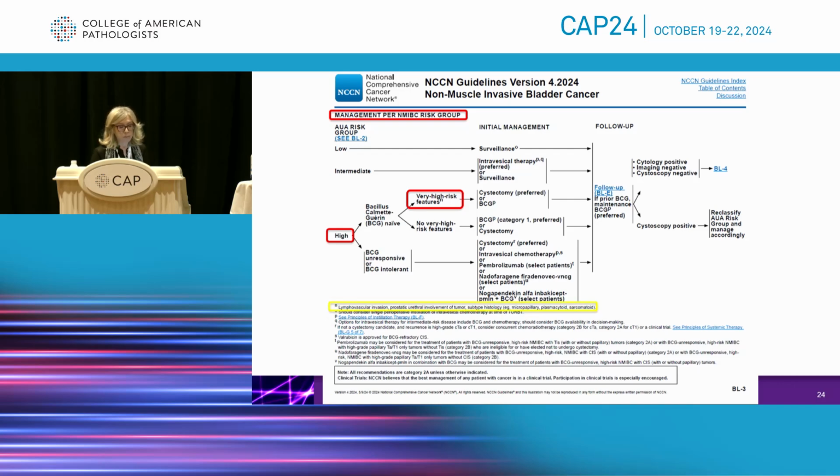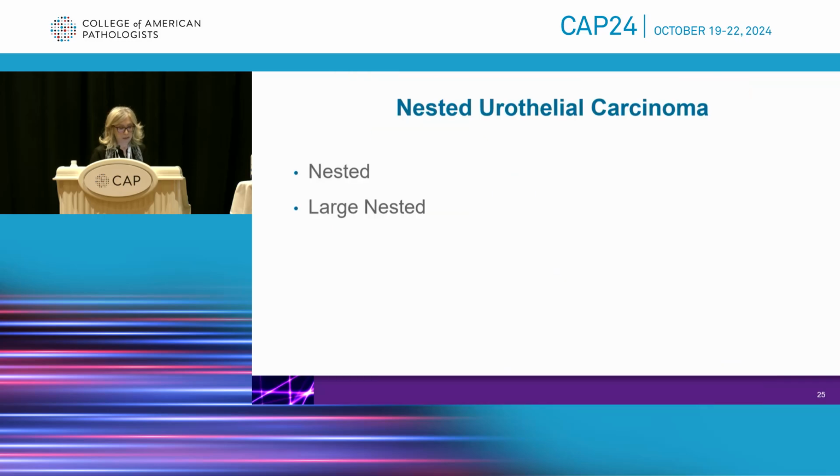So the recommendation in patients with very high risk features, as opposed to patients without very high risk features, is cystectomy as the preferred treatment, versus BCG in patients without very high risk features, even in the setting of a high risk category. So our diagnosis of divergent differentiation is extremely important.